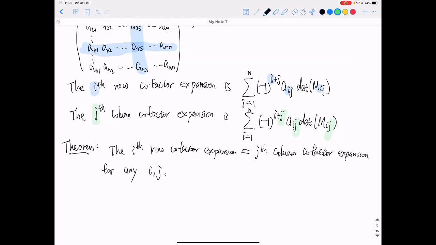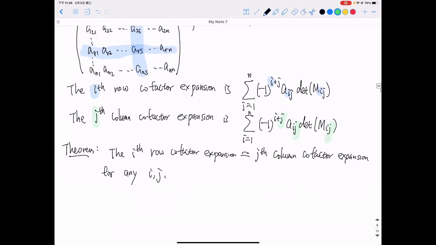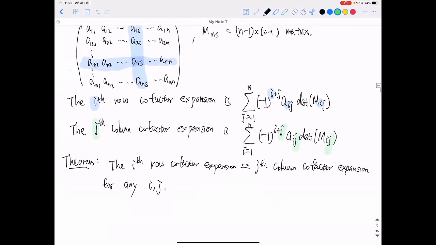So what this means is that no matter which row you choose to work with or which column you choose to work with, this expression or this expression will give you the same number.